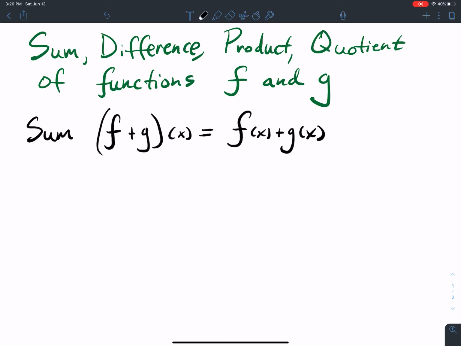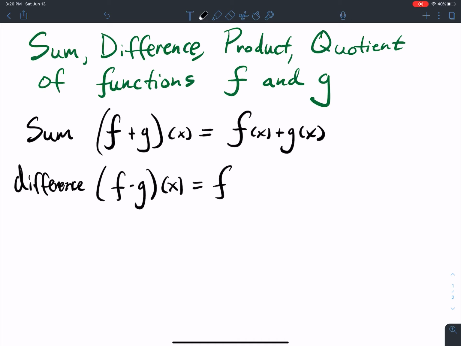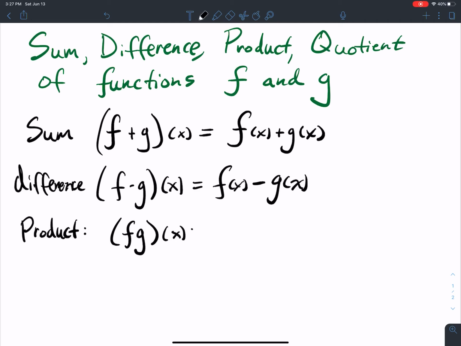All right? The difference f minus g of x is defined to be f of x minus g of x. Okay. The product is defined to be f times g of x, which is f of x multiplied by g of x.